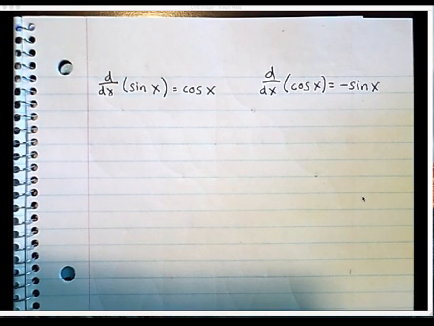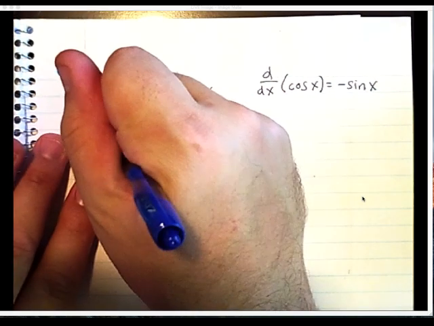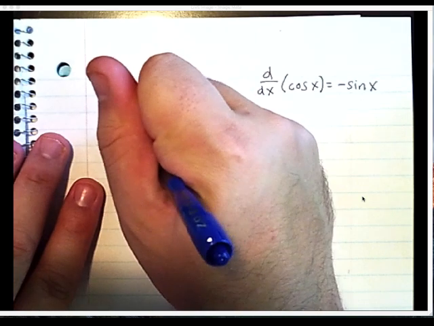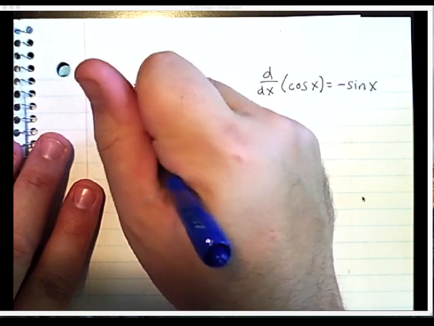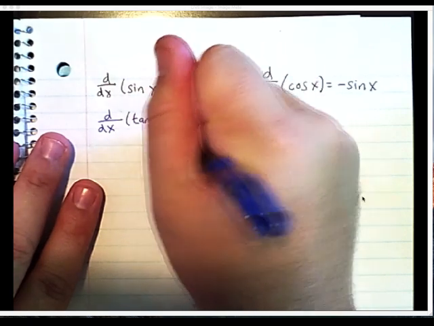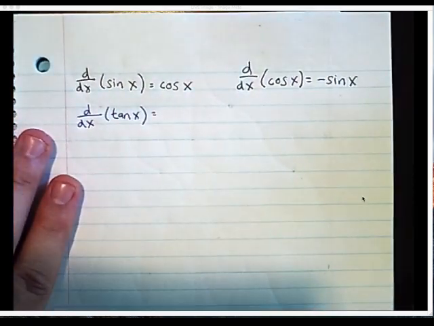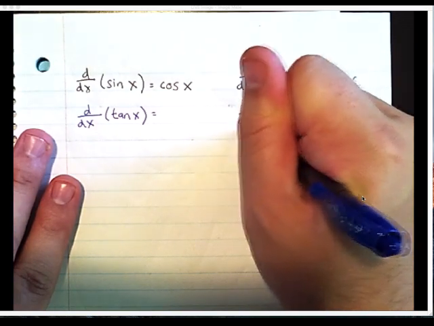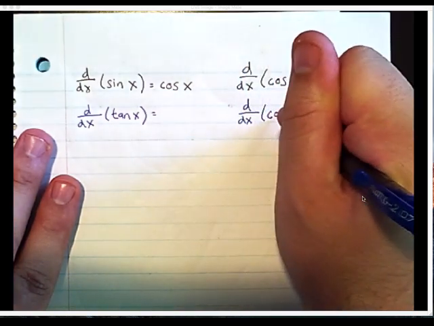Now, just for simplicity, I'm going to write the other ones in here. So there's actually 4 other trig functions, right? So we have a derivative of tangent, and I'll write that in just a second. I'll tell you what that is. We have a derivative of cotangent.